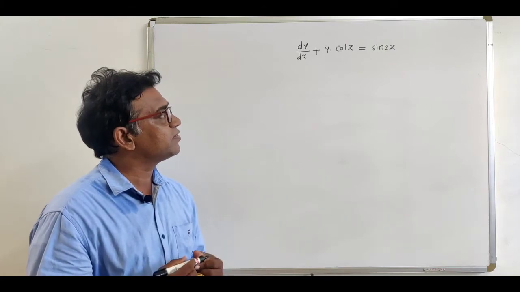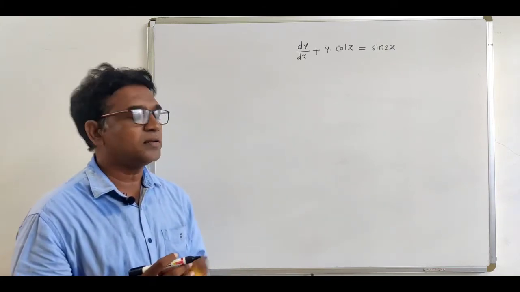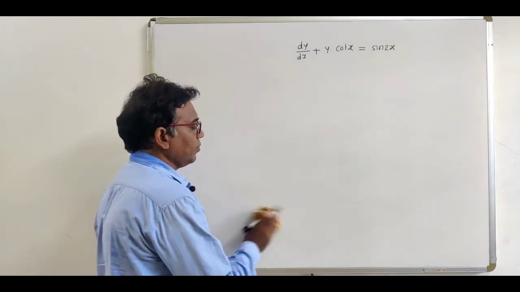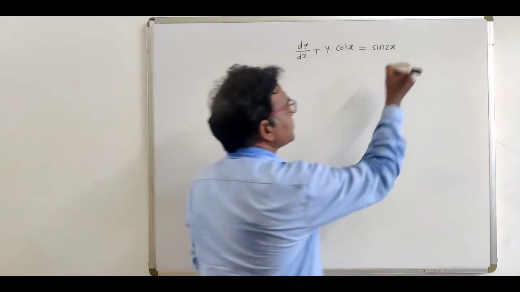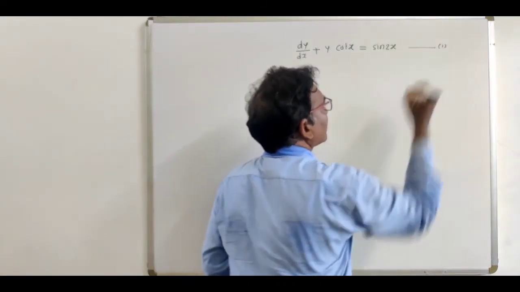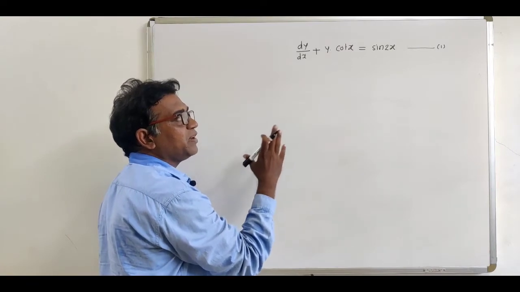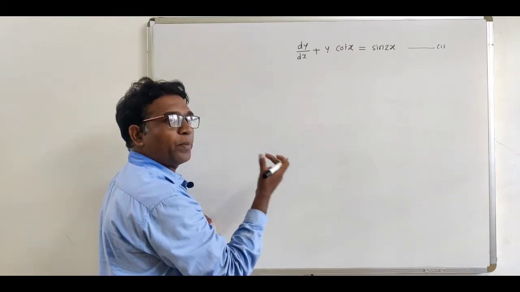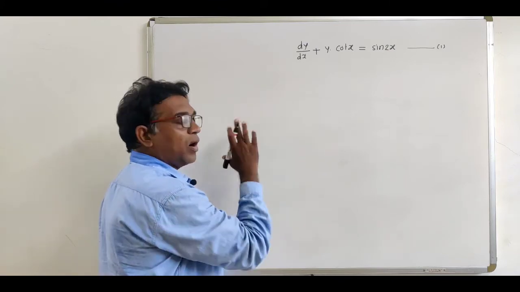dy by dx plus y into cot x equal to sine 2x. Now see what is our first observation. First of all, identify whether the given differential equation is in the proper form or not. So how to identify?